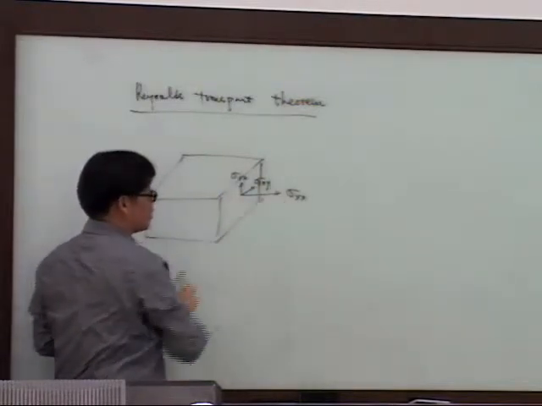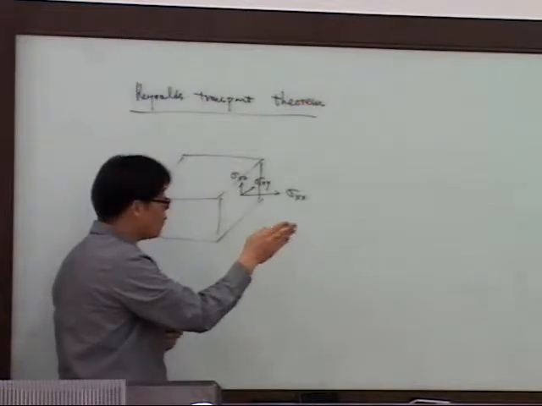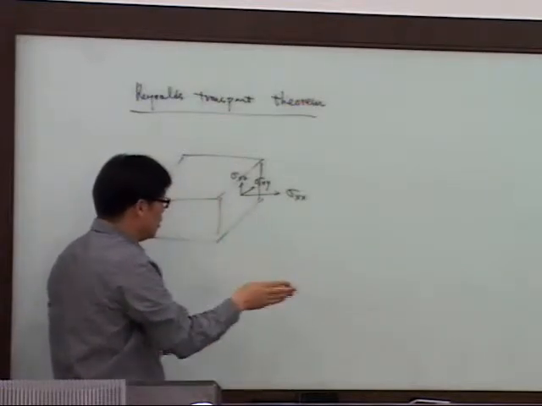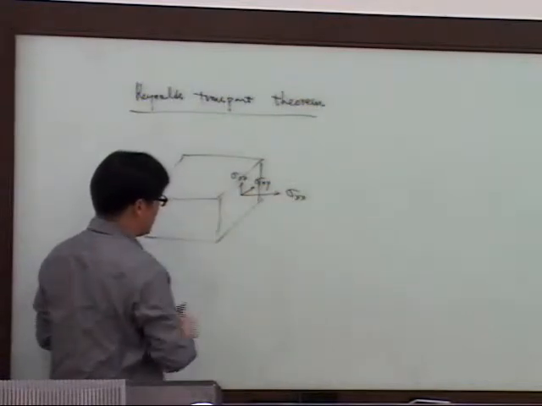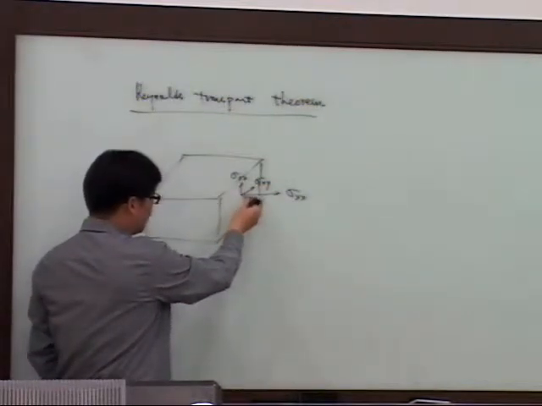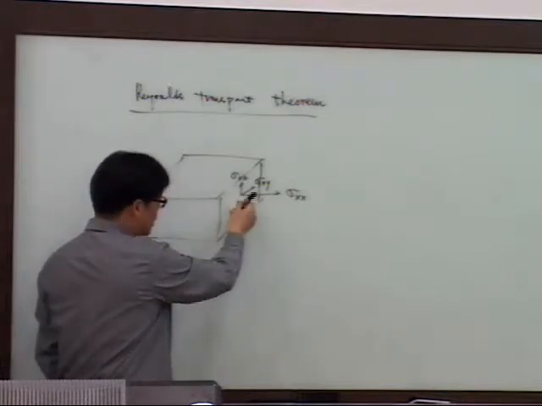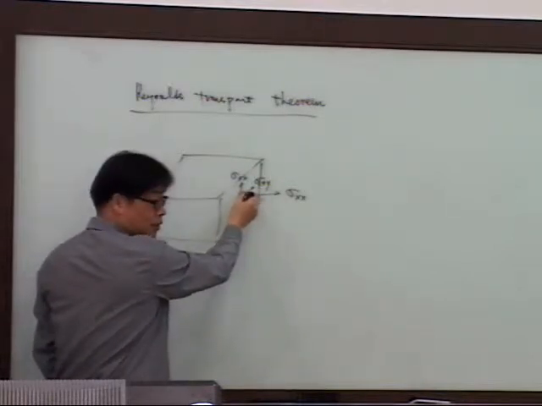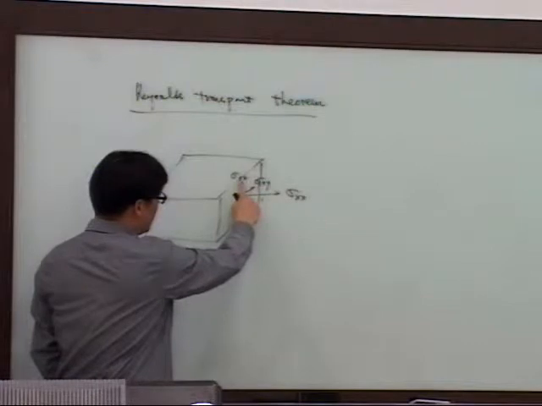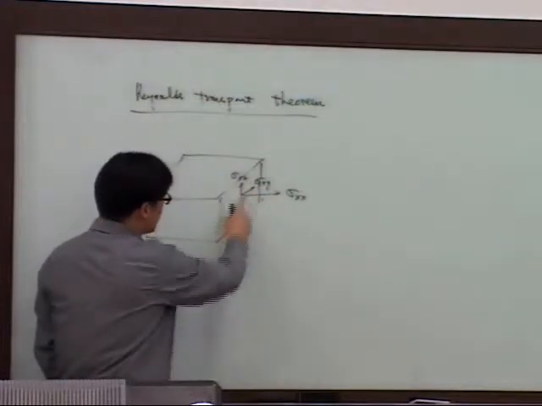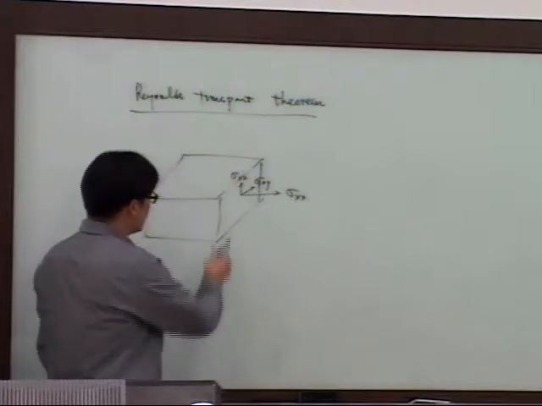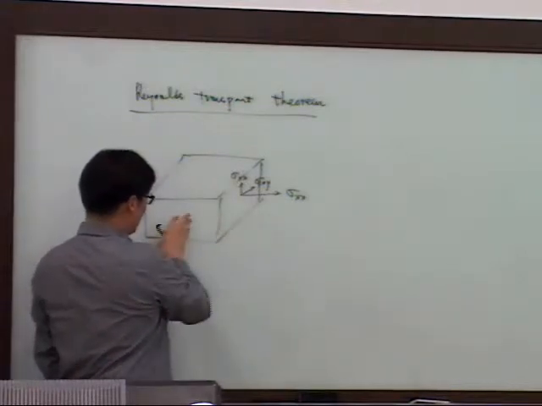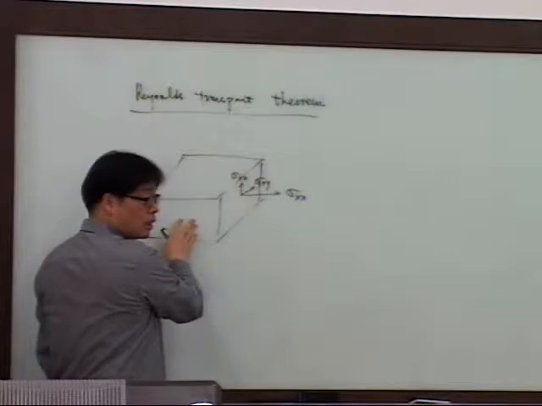Okay, so x, y, z. The second subscript represents the direction of the force, and the first subscript represents the normal direction of the surface. So in this case, the normal direction is the x direction. So that's why I put x here for the first subscript. And the second subscript represents the direction of force. Of course, in each surface, you have three force components.